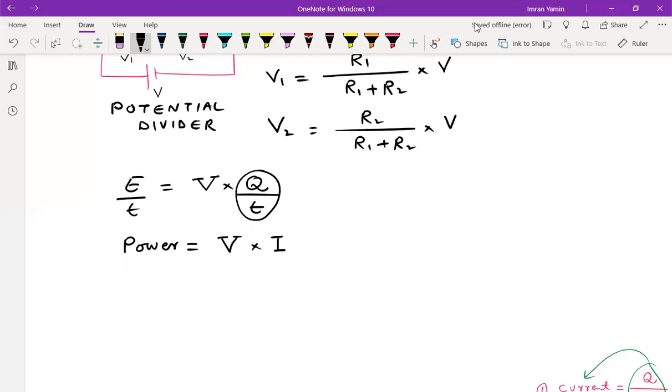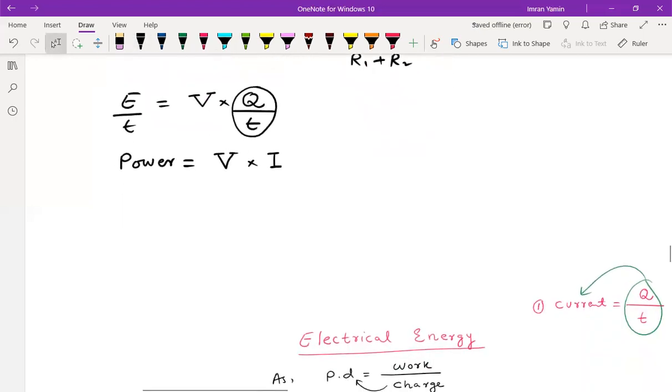Electrical power is very important. But sometimes you are not given voltage, and if voltage is not given, then we can eliminate V by IR. So another formula to calculate electrical power is I square R. So the common formula is power equals voltage into current, and the second power formula is I square R.